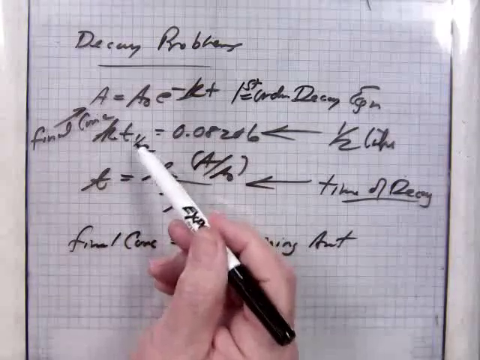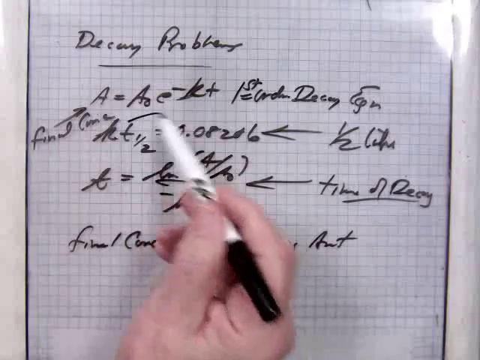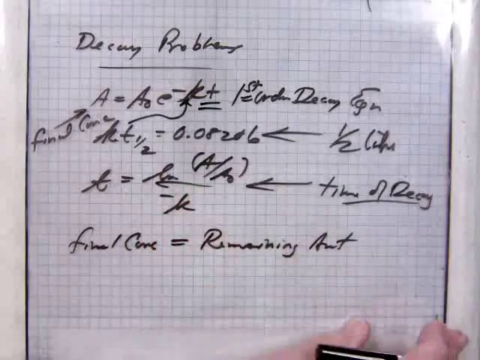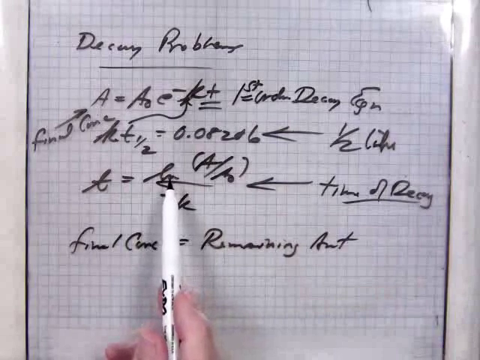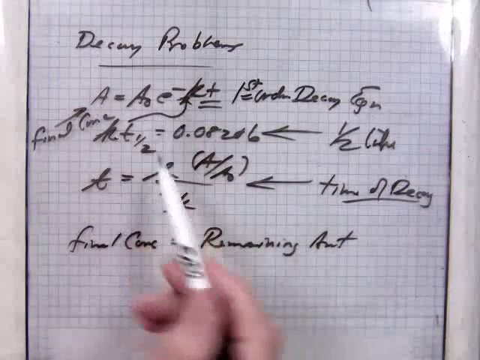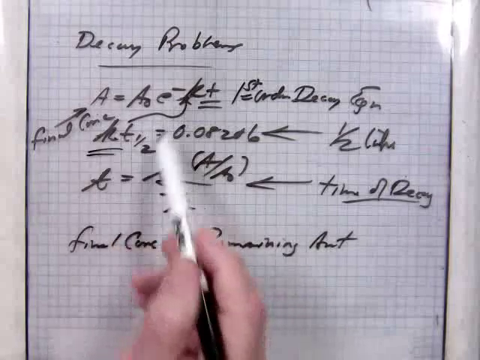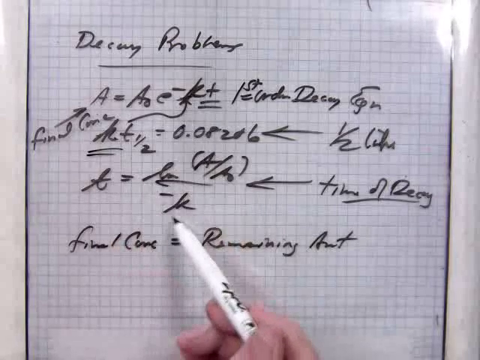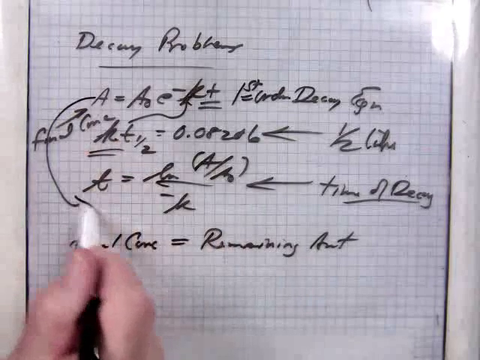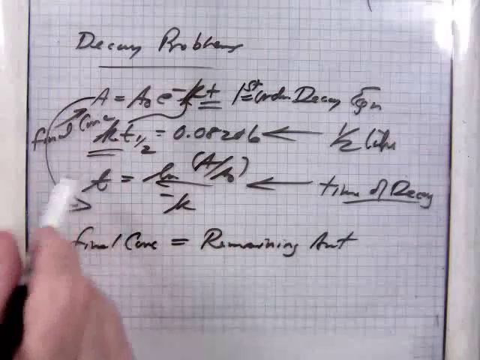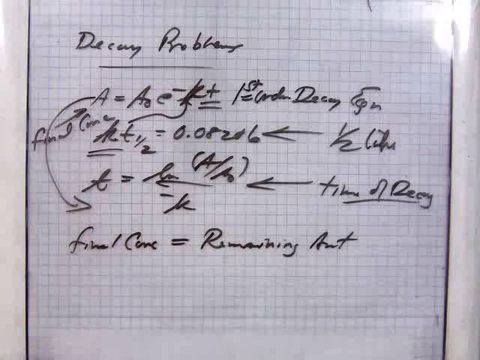You'll have to use the half-life equation to get K and then solve for T using this second one. Check mark that. I'm giving you a time T, and that time is not a half-life. That's a general time of decay.